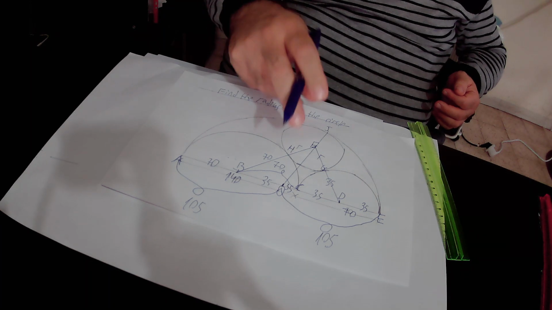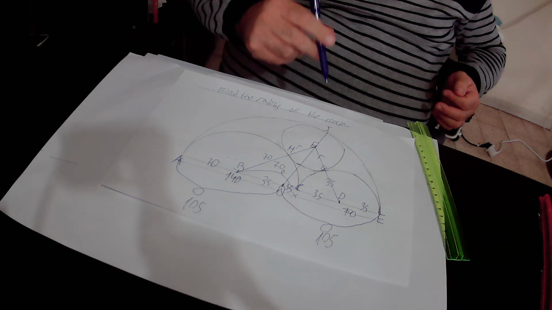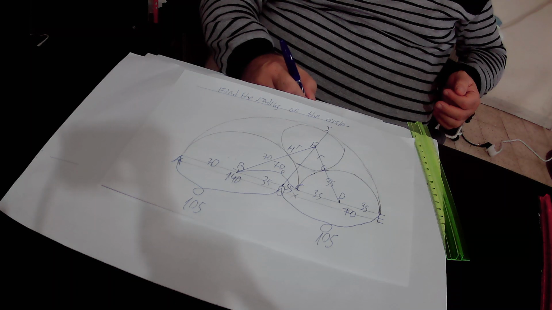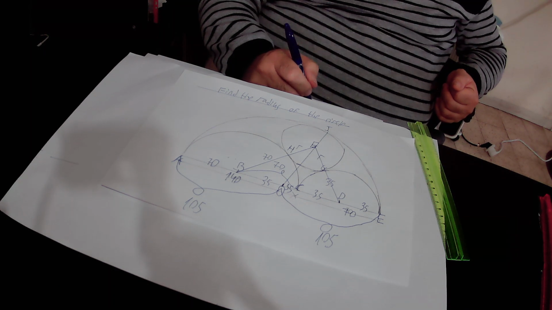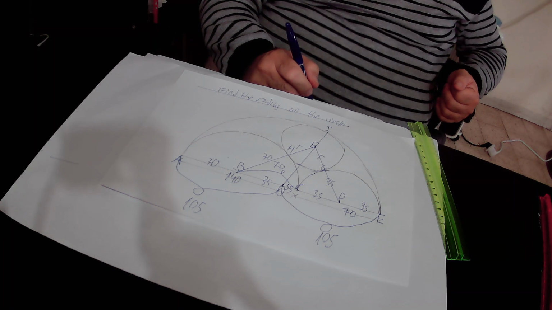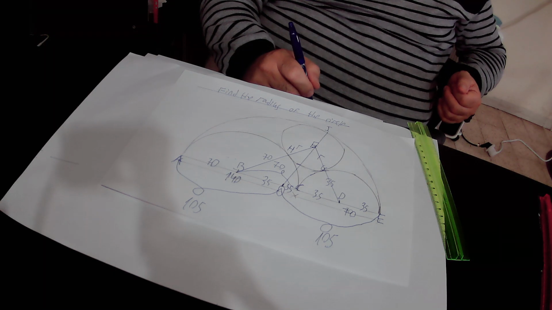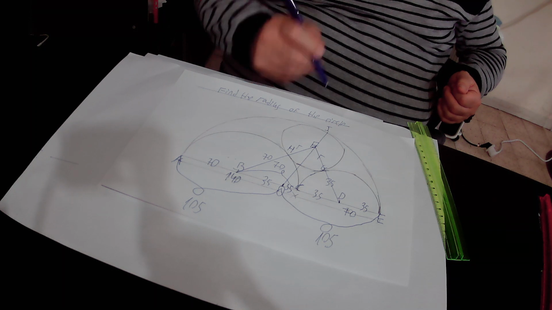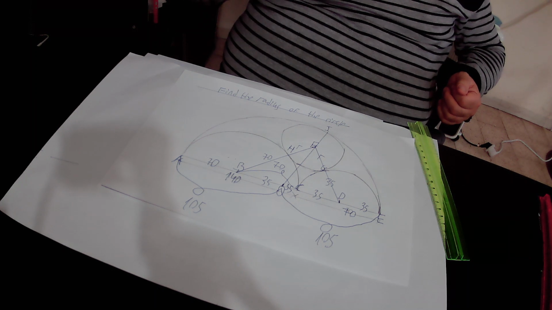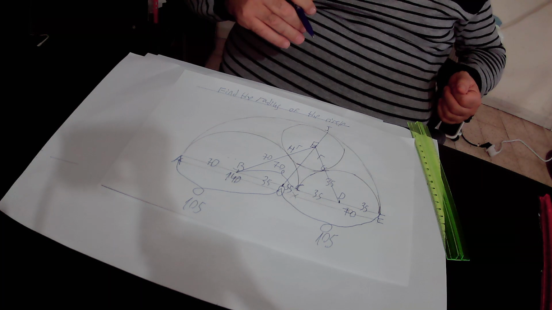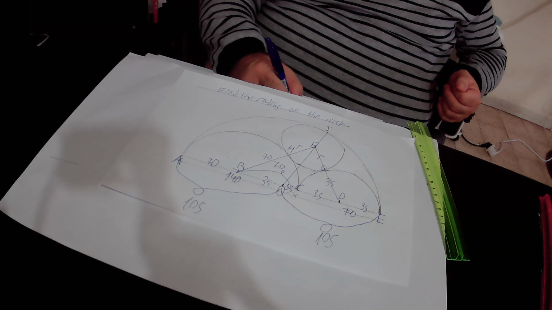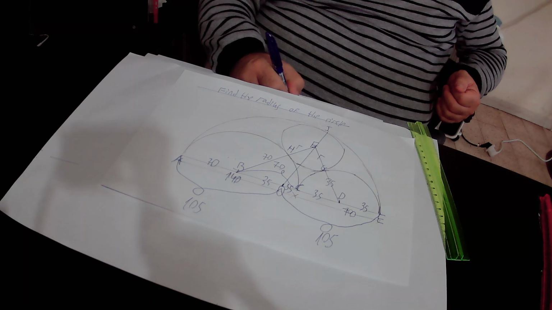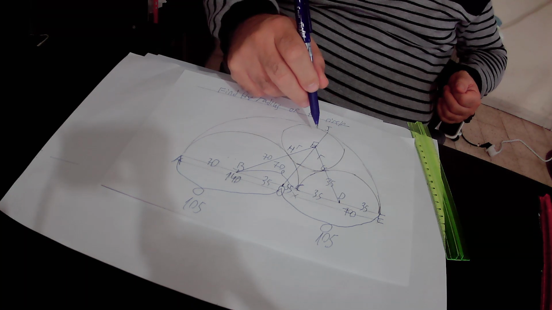The distance between their centers is FO. According to rule number 10, the distance between their centers, in this case FO, must be equal to the difference between their radii. The radius of the biggest semicircle equals capital R. The radius of this small circle is small r.